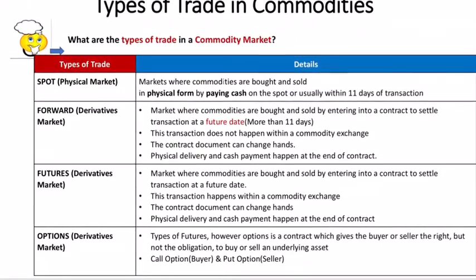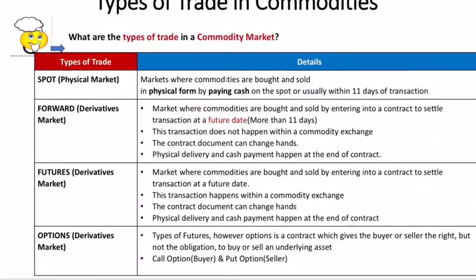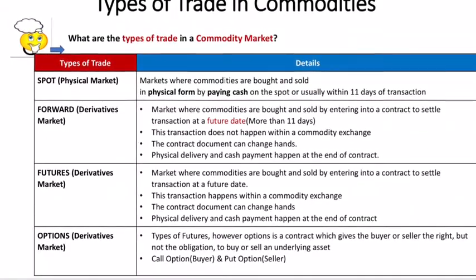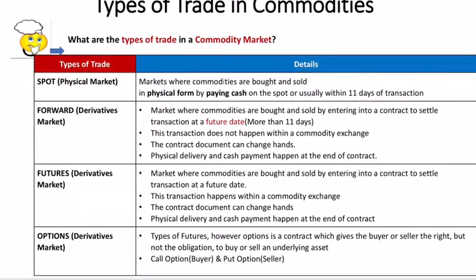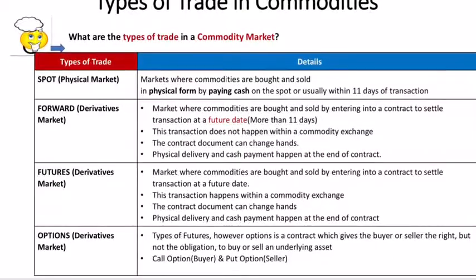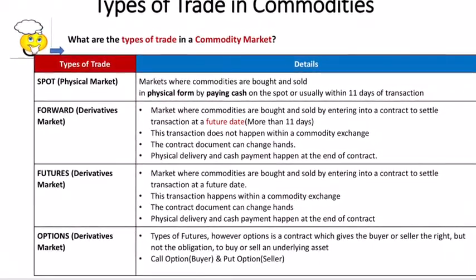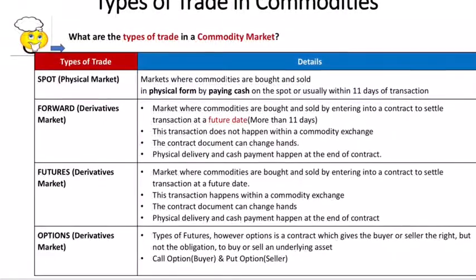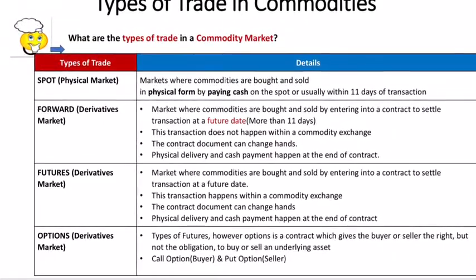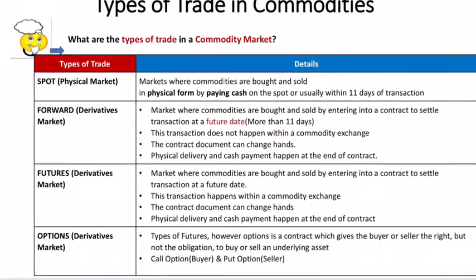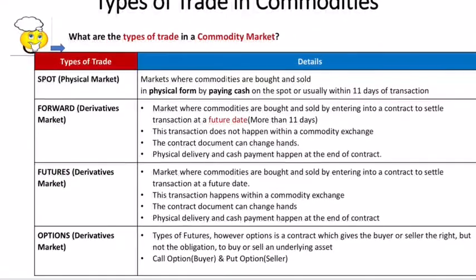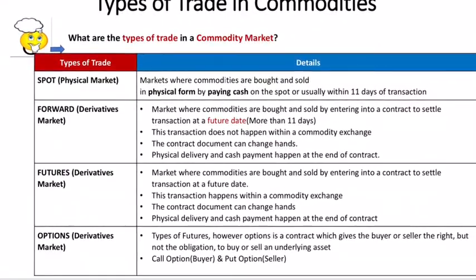I am seeing the continuous trend that the price for rice is falling, so I cancel the contract with the seller. That option is available. I have a right to buy at that rate, but I'm not obligated. I needn't necessarily buy at 50 rupees. I have an option to cancel the contract at any point before the end of the contract date.